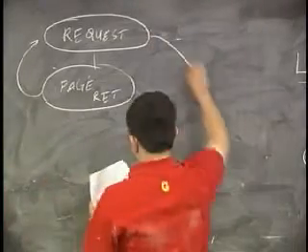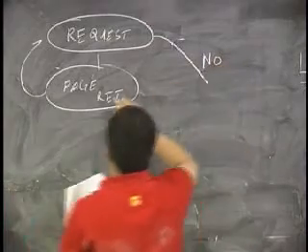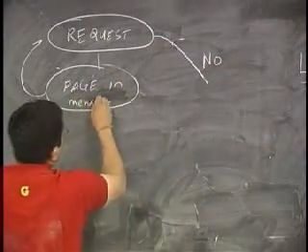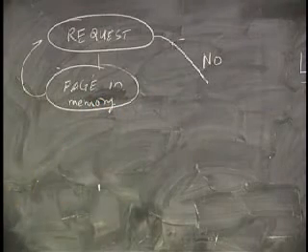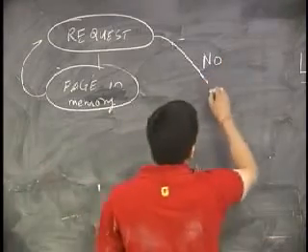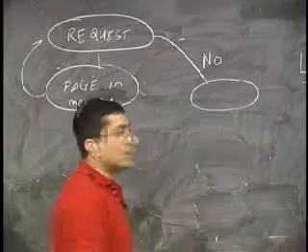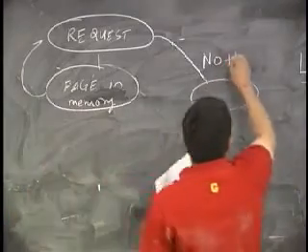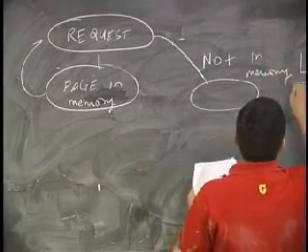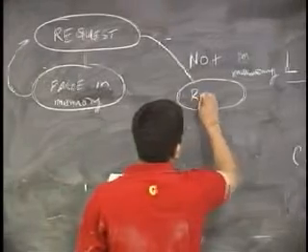What happens when we don't have it? This is a page in memory already, so it is going to check if it is already in memory, and just return. If it is not in memory, then it says, okay, I need to get it from the disk. But before it goes, it has to find a replacement frame.